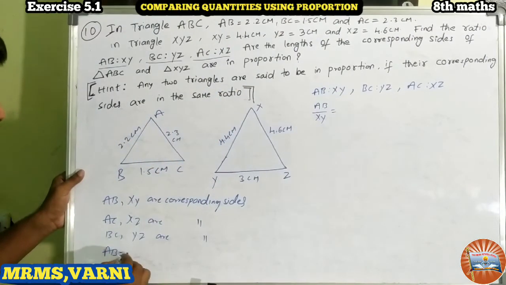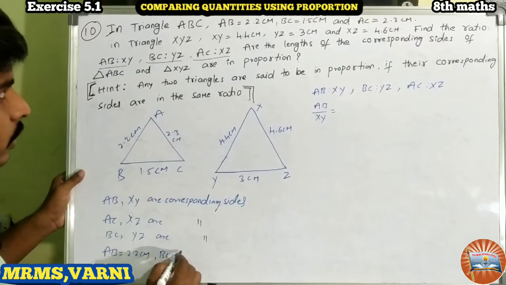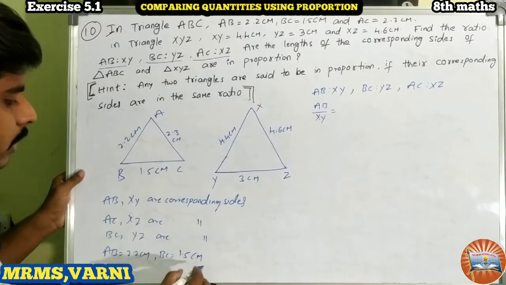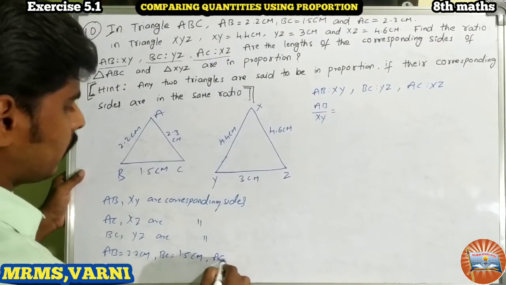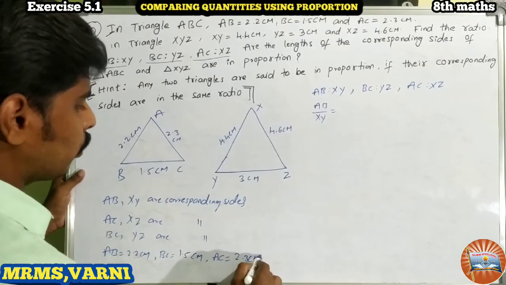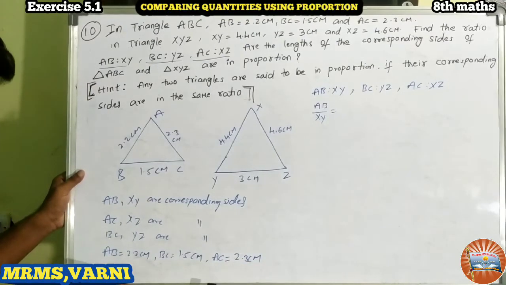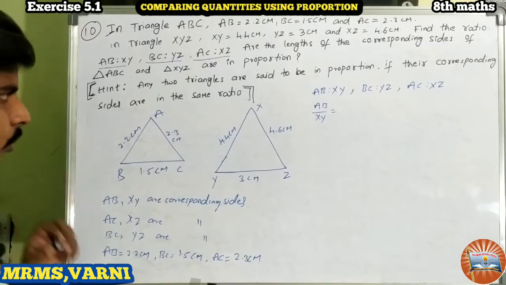So AB is equal to 2.2 centimeter and BC is equal to 1.5 centimeter and AC is equal to 2.3 centimeter. So XY we have already been given. Okay, so I need to write.